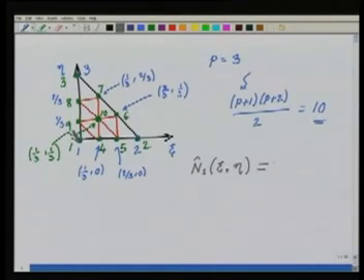Okay, so I'll put N1 as psi, and you see that here I take my N1 to vanish on this line, which is nothing but the line psi plus eta is equal to 1/3.